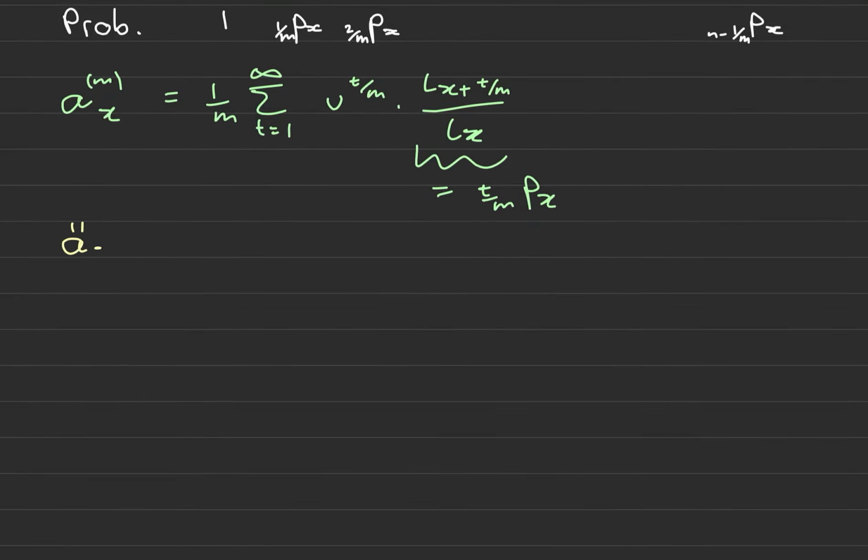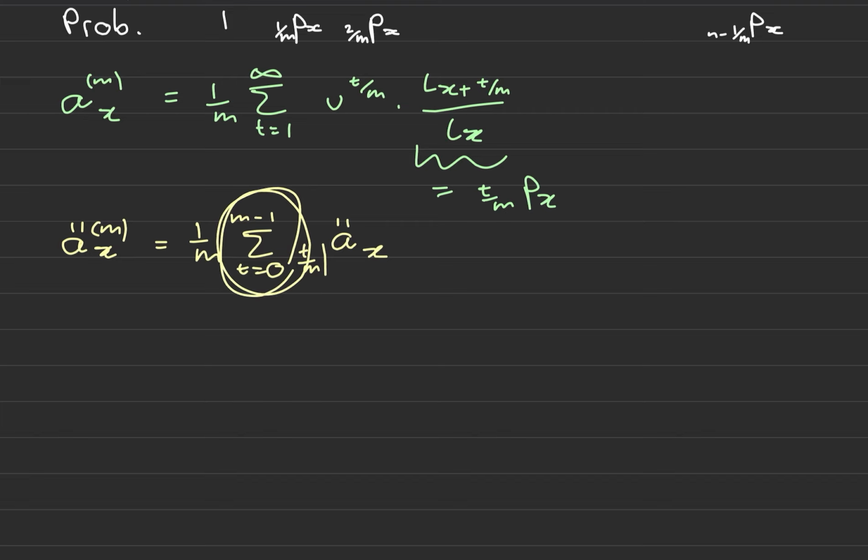Okay, now the second way to understand this is as follows. I have a-double-dot x superscript m, an annuity payable in advance, an m-thly annuity, which will equal 1 over m, once again for the same reason as above, the sum from t equals 0 to m minus 1 of a whole life annuity payable yearly in advance, deferred by t over m.